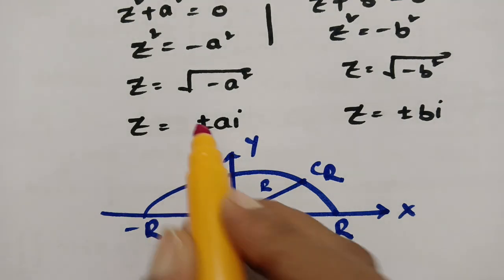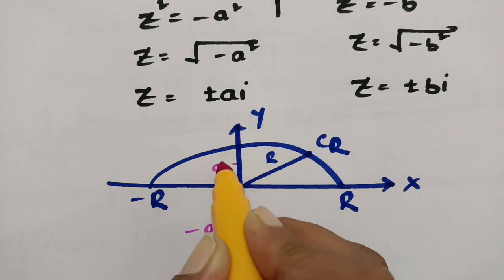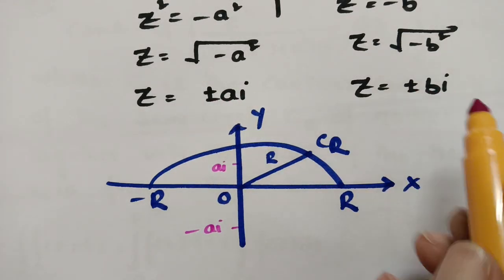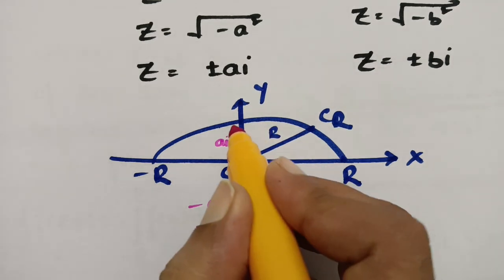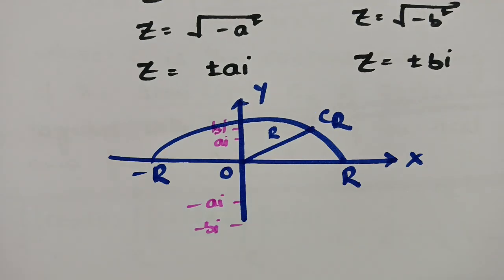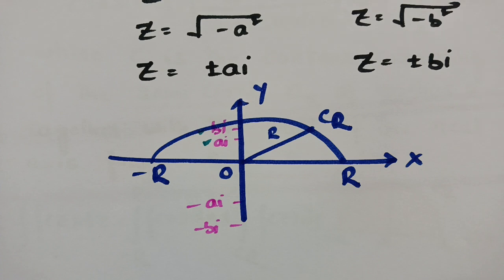Minus ai will be definitely here, and plus ai will be definitely here inside. The next pole is minus bi, and obviously there will be plus bi. If you observe this, plus ai and plus bi are within the contour, and minus bi and minus ai are outside the contour.